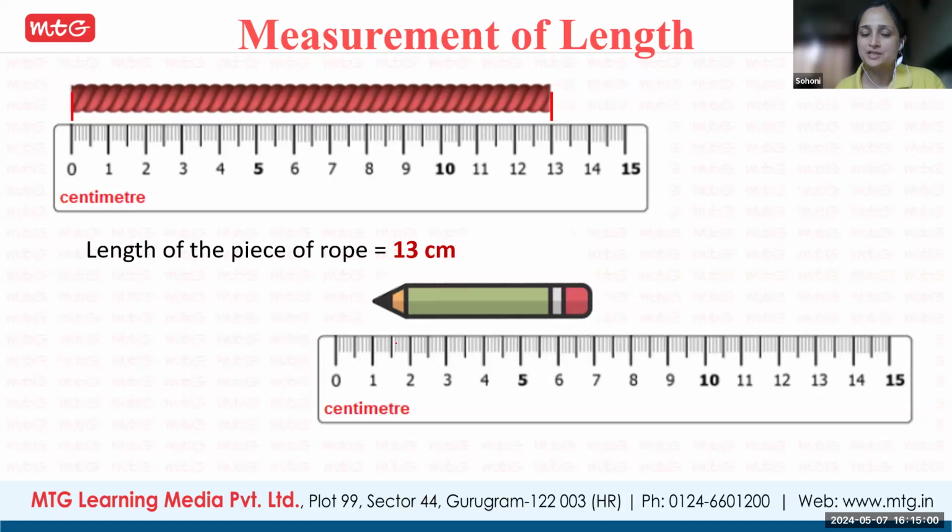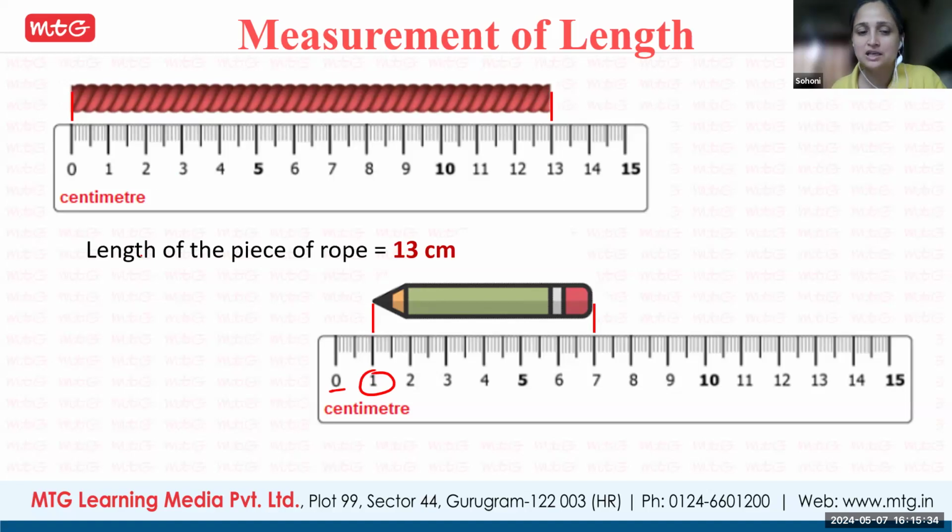Now the length of the pencil. 6 centimeters. Yes, correct. Why? Because here it ends at 7, but it started from 1, not from 0. So whenever we measure, it should start from 0.